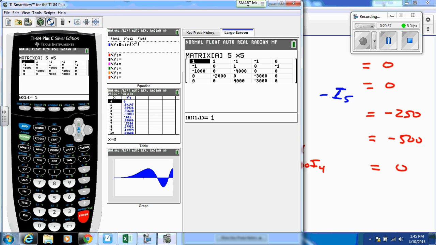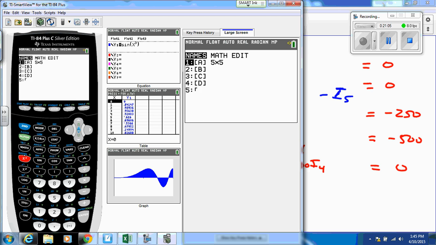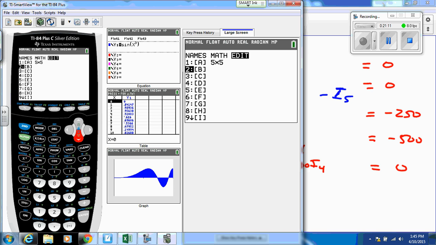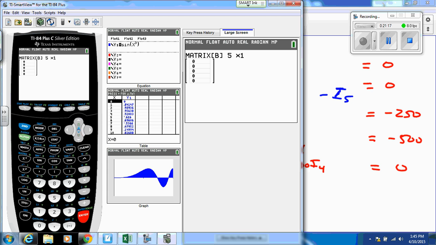That's the left-hand side. To do the right-hand side, I'm going to do the same thing, but I'm going to put it into matrix B. So I'm going to hit second matrix again, and I'm going to go back to editing. And this time, instead of editing matrix A, I'm going to edit matrix B. And I'm going to make that matrix B 5 by 1 because I'm going to enter my 5 right-hand side values right here.